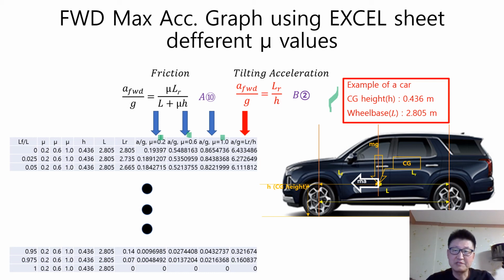Then we can calculate the maximum acceleration from the friction equation A10 for three kinds of different friction coefficients, 0.2, 0.6, and 1. In the other way, we can calculate the maximum acceleration from the tilting acceleration equation B2. The achievable maximum acceleration is the smaller result value of the two equations, A10 and B2.